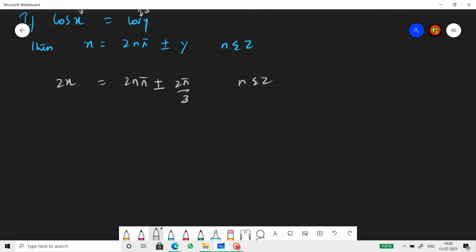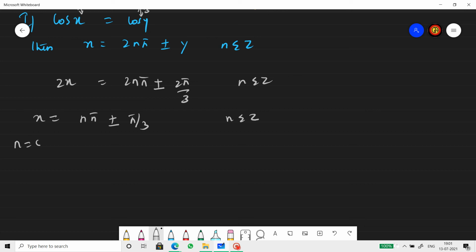Now that means x is equal to n pi plus or minus pi by 3. So this is for x. I am not leaving it at 2x, I am doing it for x. Because x lies between 0 to 2 pi, 2x lies between 0 to 4 pi. So I changed for x now. So all my answers should be within 0 to 360 degree. Now let's take, as I said, n belongs to integer.